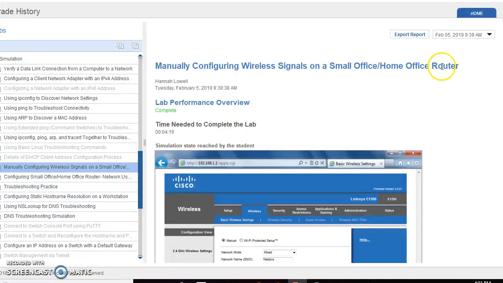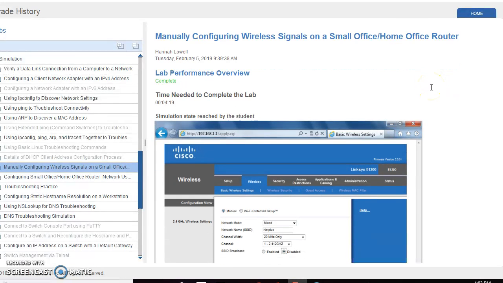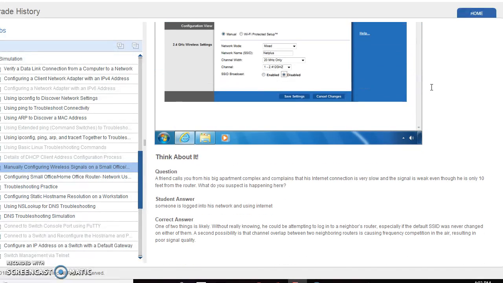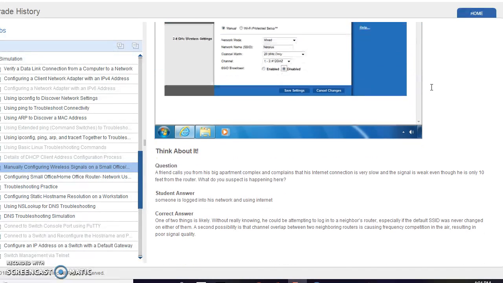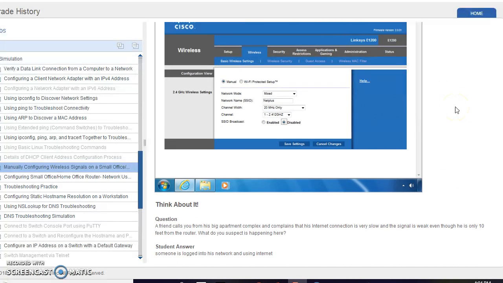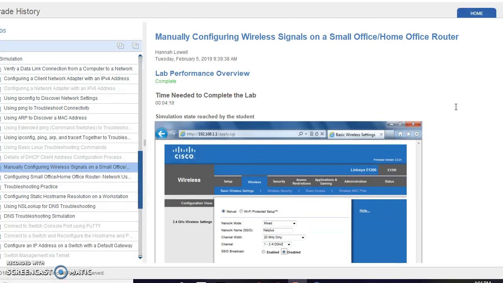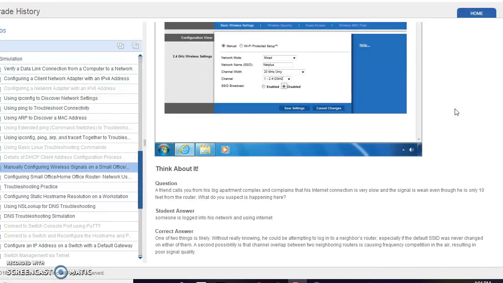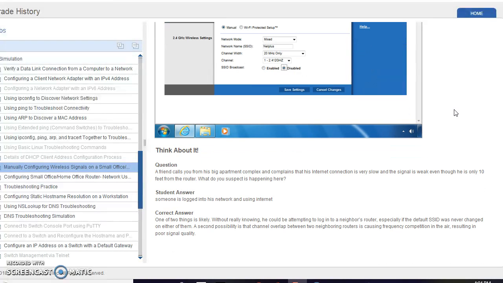Furthermore, we had manually configuring wireless signals on a small office or home office router. I found the simulation labs to be the easiest to complete with the step-by-step instructions, and then doing some research to understand what we were doing in terms of what was happening with the configuration.